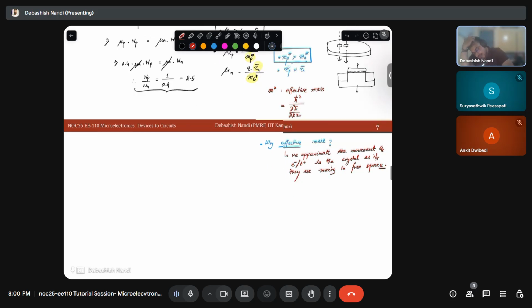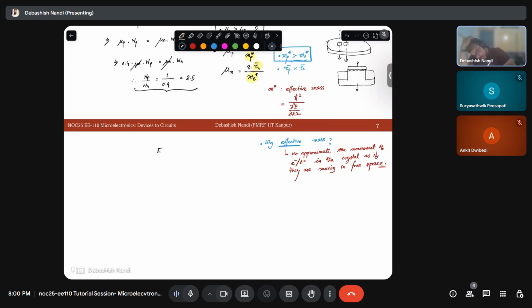So what is the energy in free space? What are the two components of energy? Potential energy and kinetic energy, right? So in free space means what? There is no force of attraction, so there will be no potential energy. All the energy in free space is kinetic energy. So this is my half m v square.